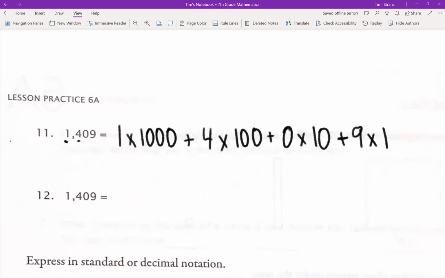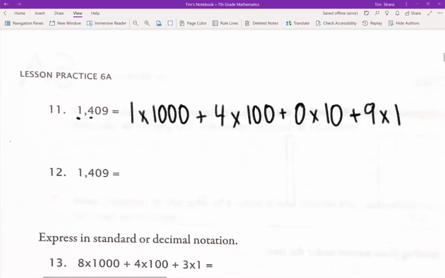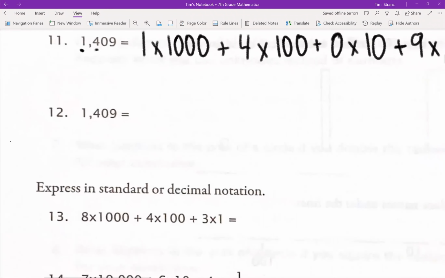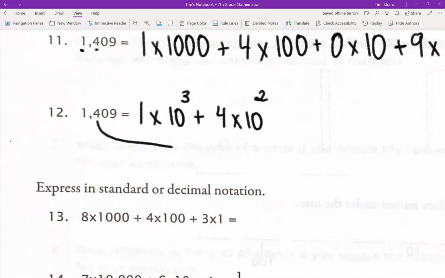Now they want us to do it in exponential form with exponents. Okay, so we're going to have 1 times 10 to the 3rd power, because that is 1,000, right? That represents the number 1,000, plus 4 times 10 to the 2nd power. 10 to the 2nd power represents 100. So really we're saying 4 times 100, which would give us this 400 right here.